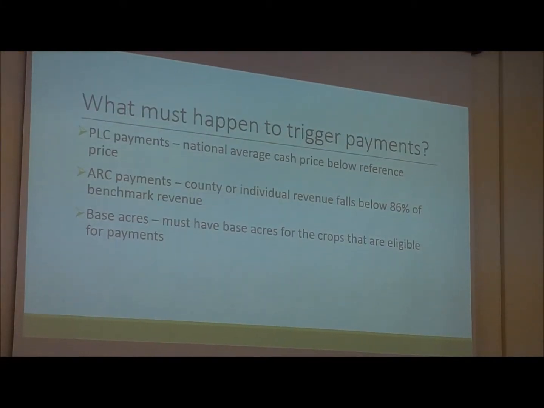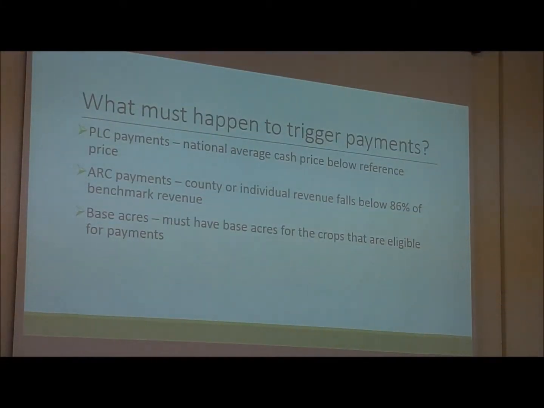ARC, on the other hand, either county or individual, includes the same price, but it also includes yields. And there's a benchmark that is the reference, so to speak. Reference is probably a poor choice of words, but the program creates a benchmark based on the last 5 years marketing year average price, Olympic average, so it drops the high and low and averages the other 3.